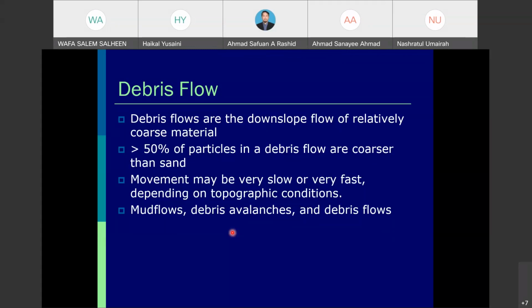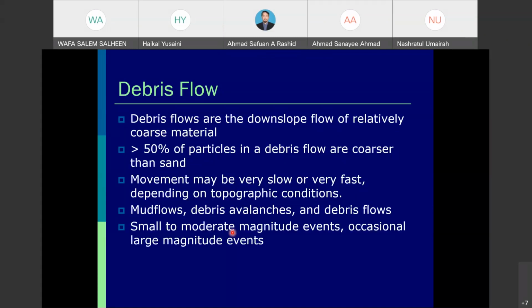In Malaysia we do not have a very proper inventory to record events from 30 or 40 years ago, so we don't have any proper landslide inventory. But now we have a proper way to record any events.